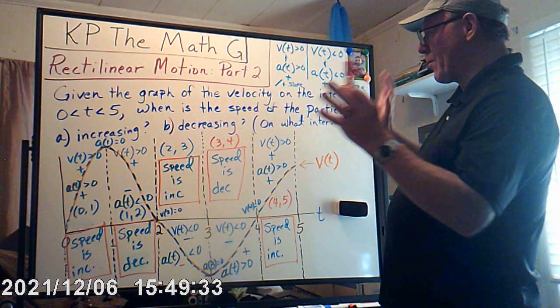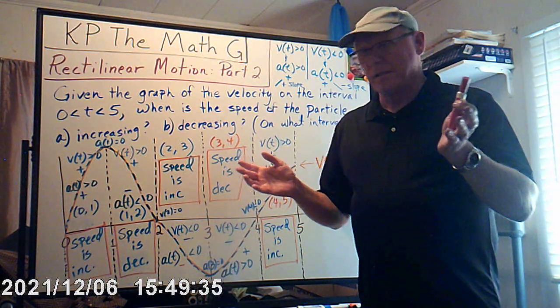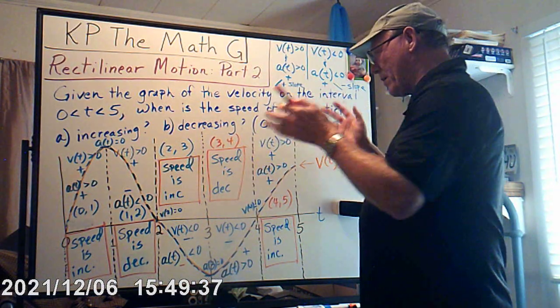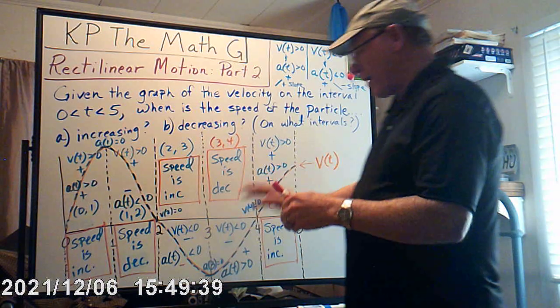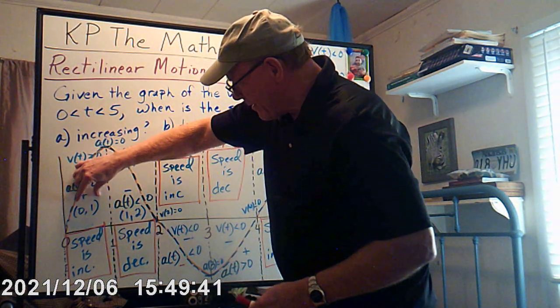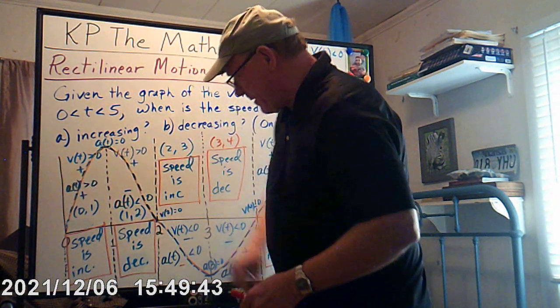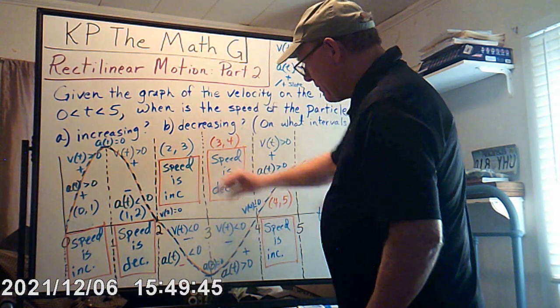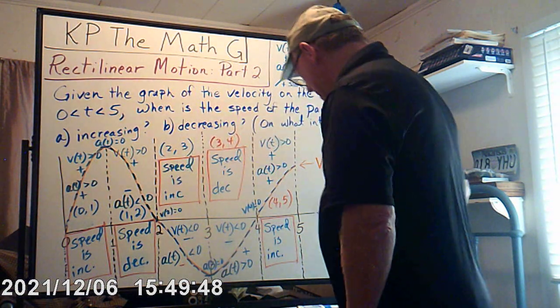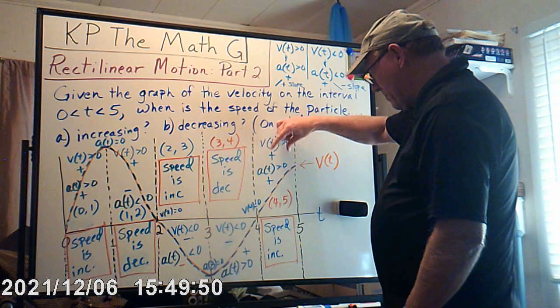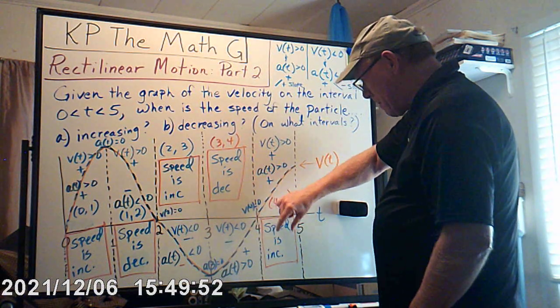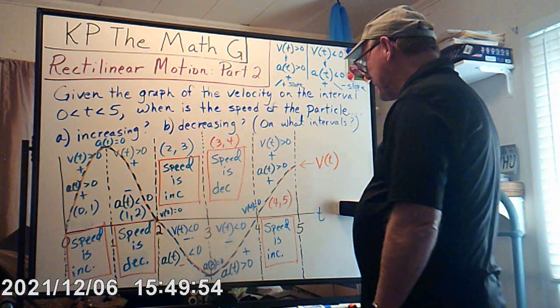Now you may be asked, when is the speed of the particle increasing? You would have to say it's increasing on the interval from 0 to 1, from 2 to 3, and from 4 to 5.